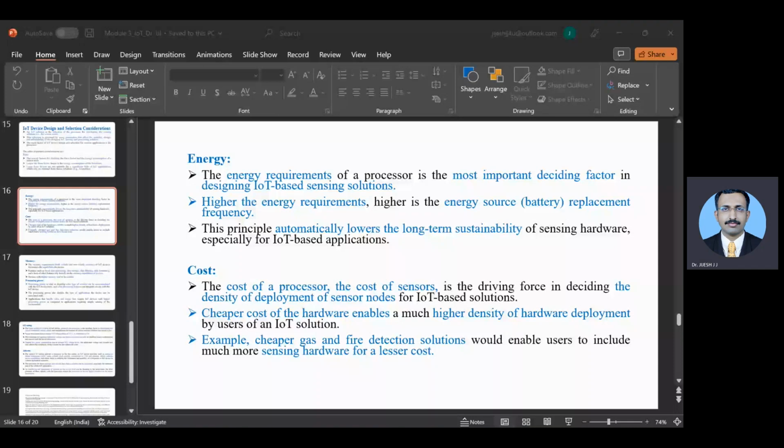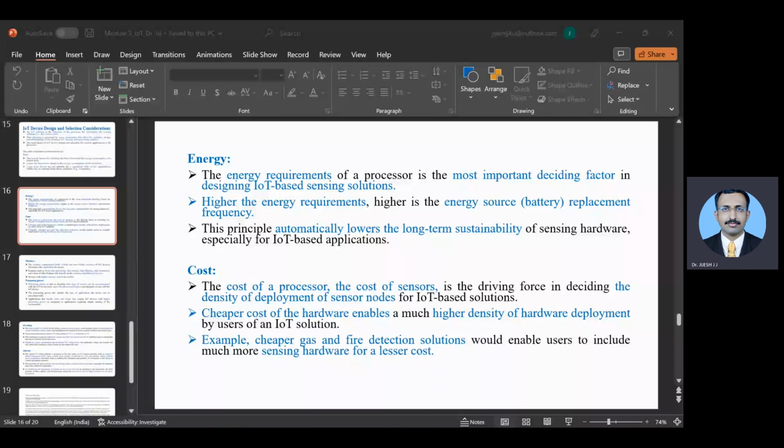Not only what you use, it also depends on whether you know how to use it or not. In some cases the energy drains faster because you use unnecessary applications which are not required, and some things will be running in the background. Isn't it? So all those parameters we have to take care of.